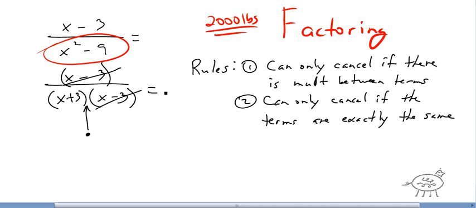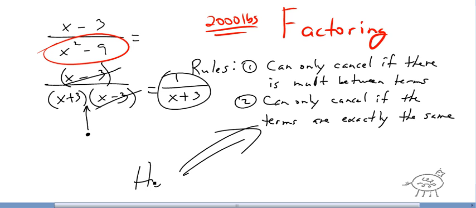And my answer, now if the whole top cancels, you have to put a placeholder in there. So it's 1 over x plus 3. That's your final answer. Okay, but these are two huge, huge rules. You can only cancel if there's multiplication, and you can only cancel if the terms are the same. So let's do a few more problems here.